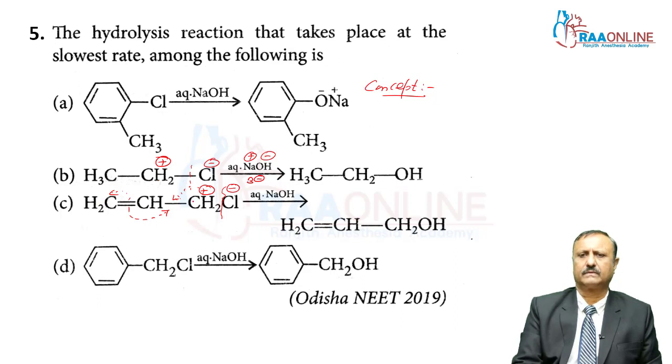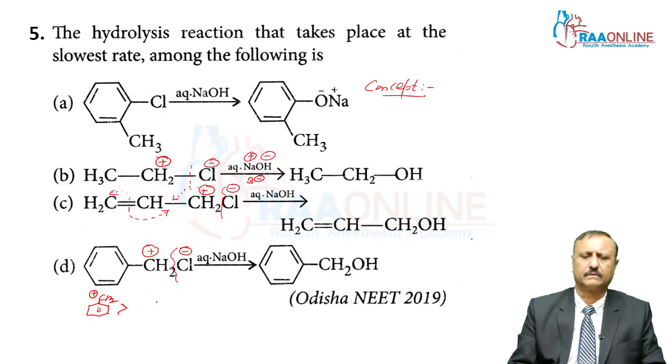Stable cation means more reactive. Now we can see here, when this Cl minus ion is removed, you can get this benzyl cation, and my dear students, we can see this benzyl cation is most stable, so it is most reactive. So rate of reaction is fast.